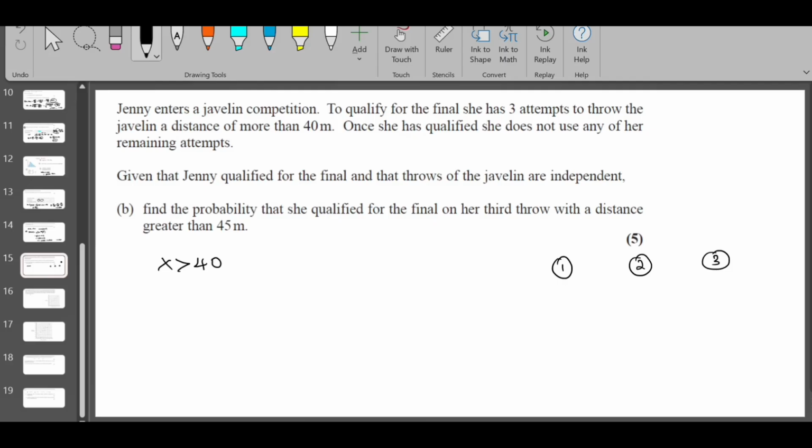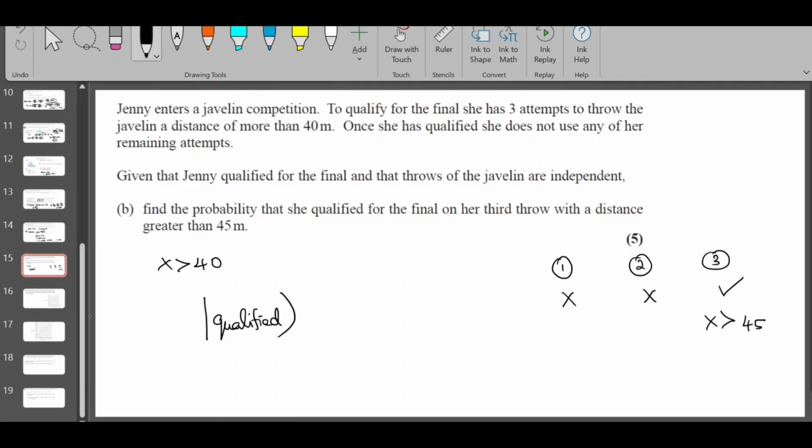Given that, it's a conditional probability. Given that Jenny qualified for the final, qualified is the condition. The throws of the javelin are independent. Find the probability that she qualified on her 3rd throw. She failed here, she failed here. She qualified on the 3rd throw with a distance more than 45 actually.